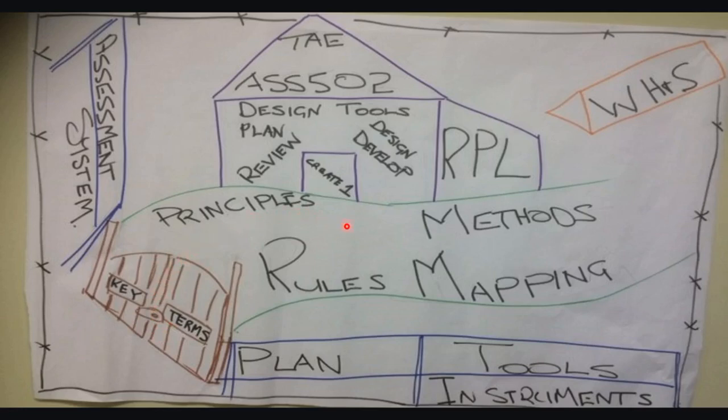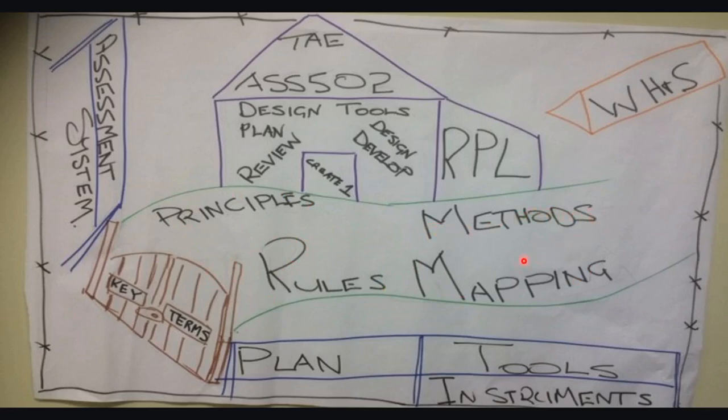And during this journey of assessment, we're going to be introducing key terms like the principles of assessment, the rules of evidence, assessment methods, mapping processes. And as we learn about these key terms and these key theories, we'll progress along the road and along our journey.